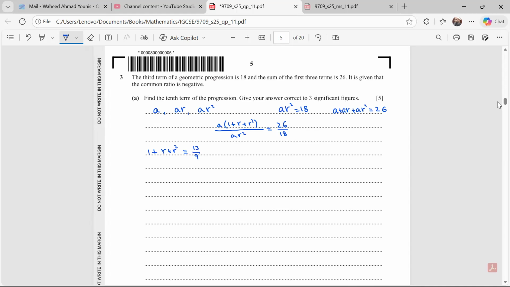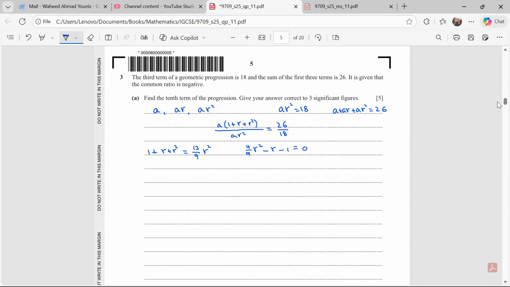Now I have a single equation, a quadratic equation, and I have to solve this one. If I bring everything on one side, 13 by 9 minus 1 will give me 4 by 9, so 4 by 9 R square minus R minus 1 equals 0.